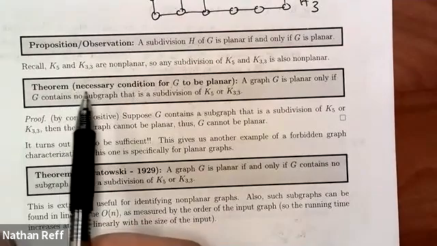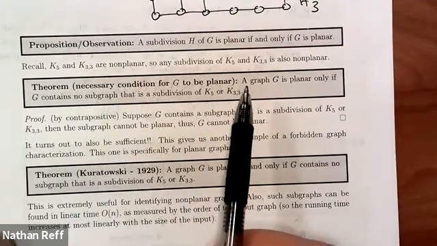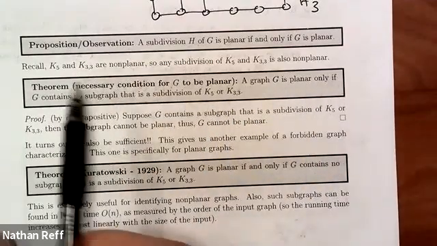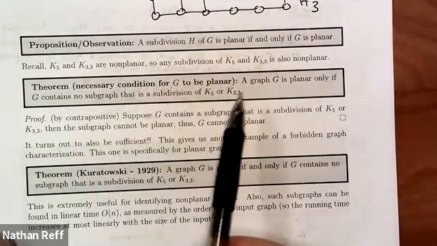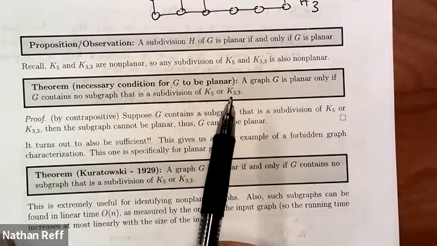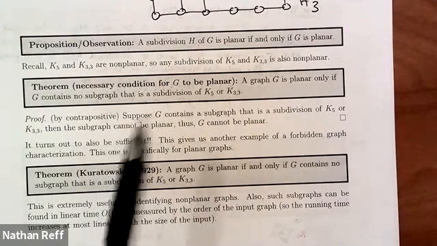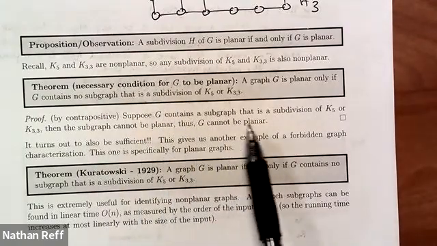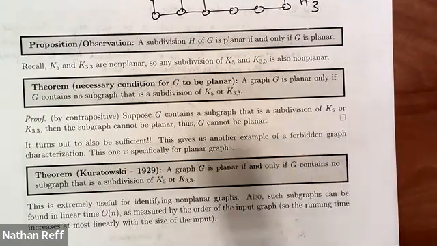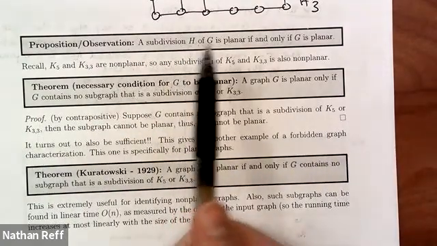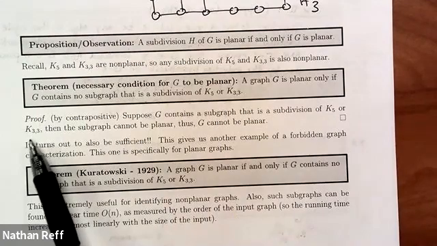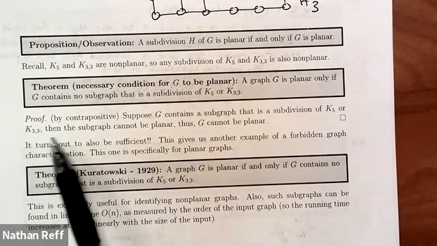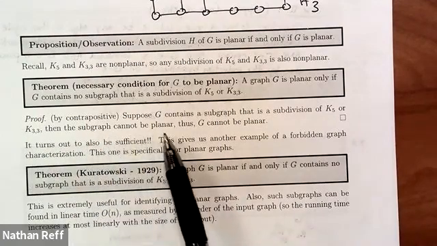So a necessary condition for G to be planar: a graph G is planar only if G contains no subgraph that's a subdivision of K5 or K33. The proof of that is pretty short, just the necessary part. Suppose G contains a subgraph that is a subdivision of K5 or K33. Well, by our observation up here, because those guys are not planar, the subgraph cannot be planar.